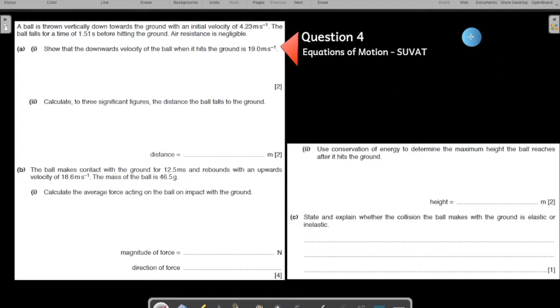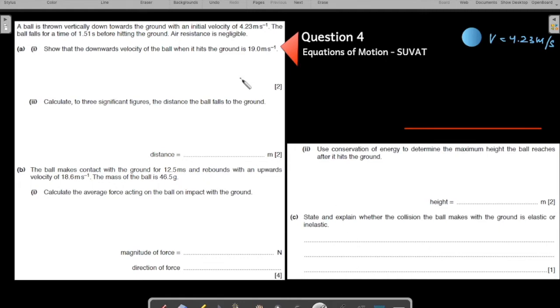Say that somebody is holding this ball and this person has pushed or smashed the ball down towards the ground, at a velocity of 4.23 meters per second. Let us draw the ground level as well. So here you have the ground.